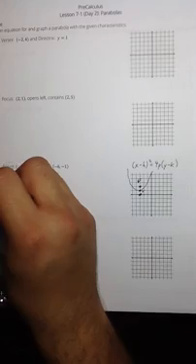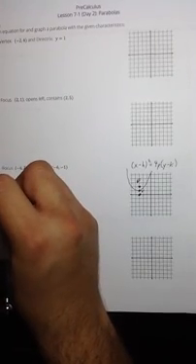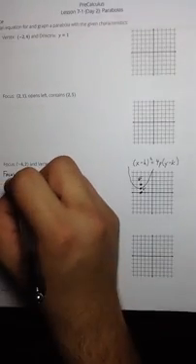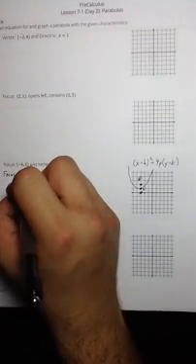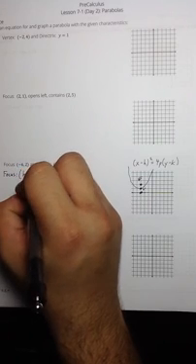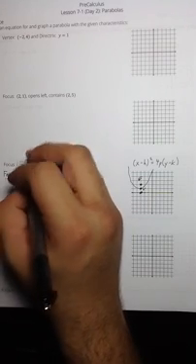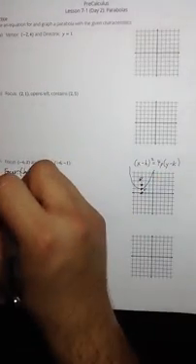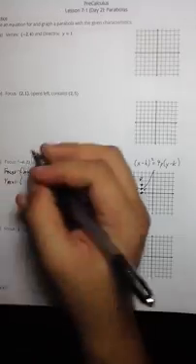Okay, so again, we know that the focus is going to be h plus p, right? We know the focus is h plus p, k. Oh, sorry, I made a boo-boo there, didn't I? Remember, because it's upward sloping, we need it the other way.